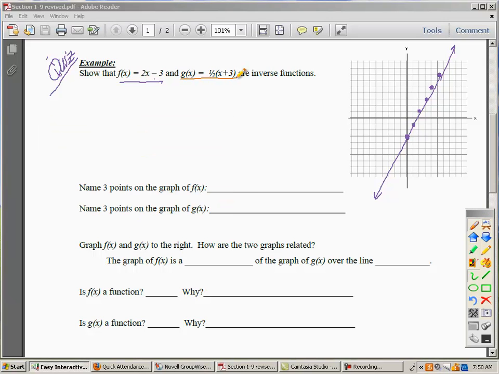And I'm going to graph g, which is 1/2 x plus 3. I'm going to distribute this a minute: 1/2 x plus 3 halves. 3 halves is 1.5, so 1.5 is about here. And this says go up 1 and over 2.